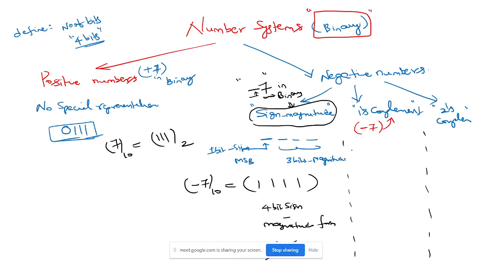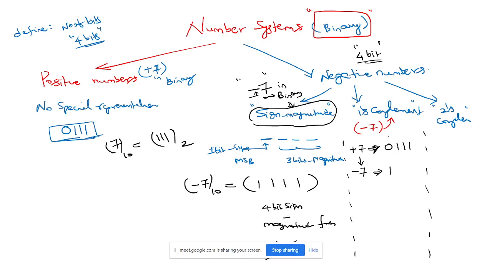first write what is plus 7 in 4-bit magnitude form. 0, 1, 1, 1, right? So how to get minus 7 from here is, subtract 1 from each, okay?